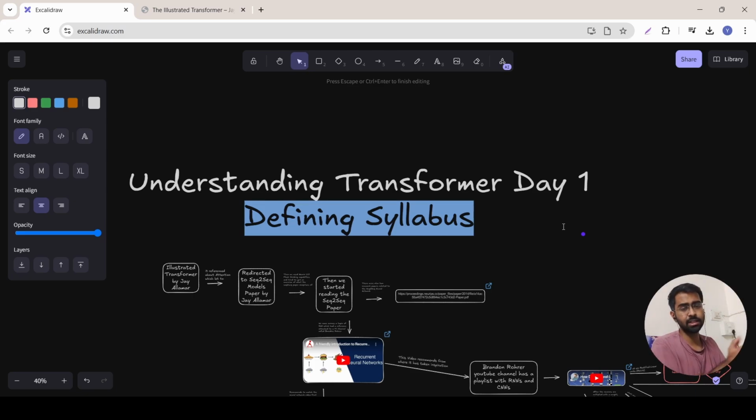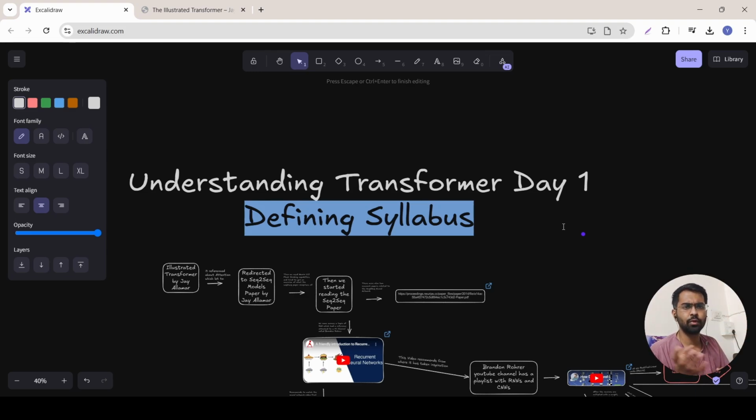So this is the approach I'm starting off with. Let's see where it goes. But to be very honest, this is a very time-taking approach, and I don't recommend it to anyone who is seriously pursuing this as their journey to learn generative AI. This is just an ancillary thing I'm doing for myself.